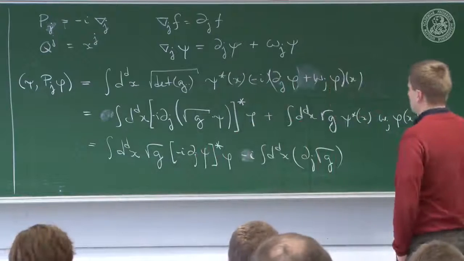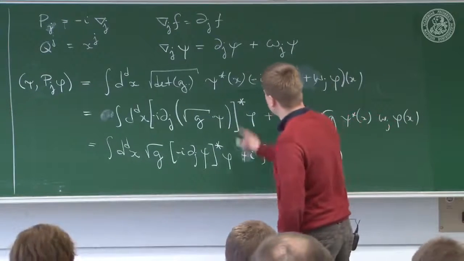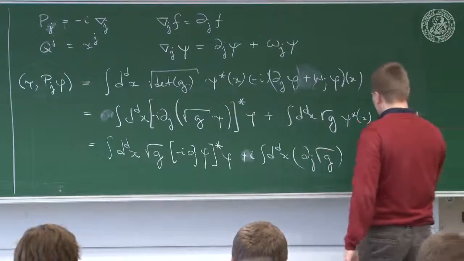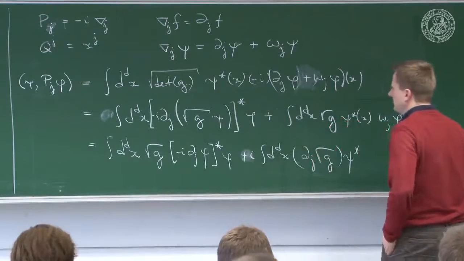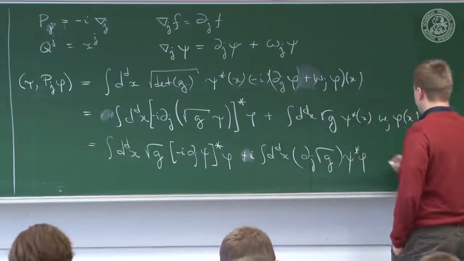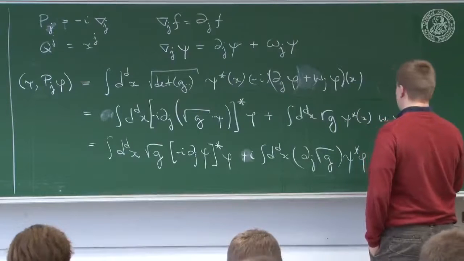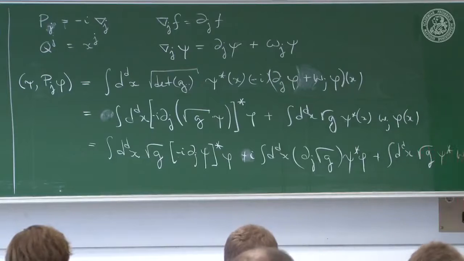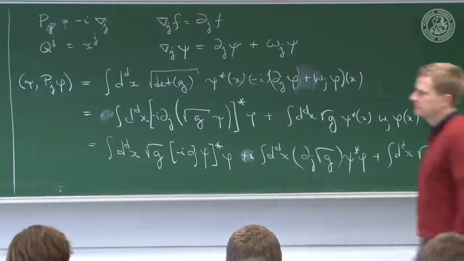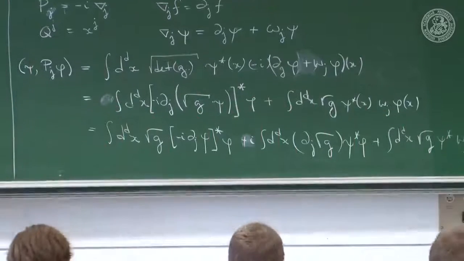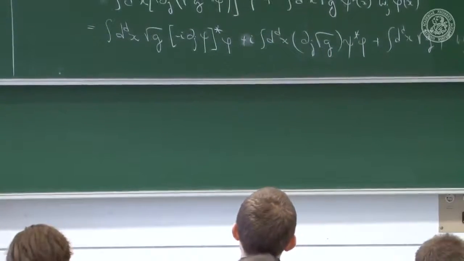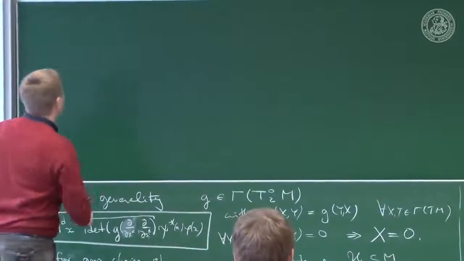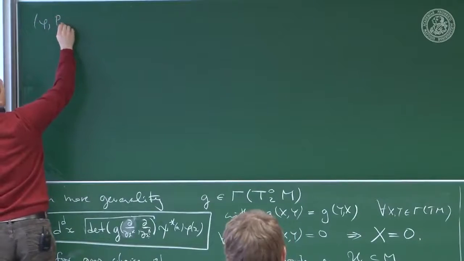I can forget about the star because this is all real. Psi star phi plus, well, for completeness, what we had before, square root of g psi star omega j phi, right? Please correct my signs if there should be a mistake. So now we again rewrite the right-hand side.